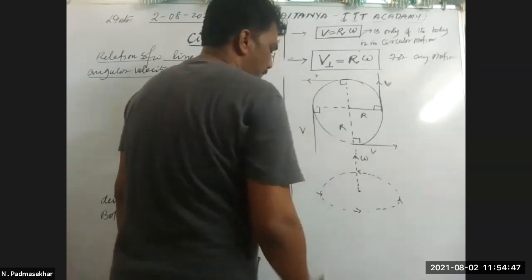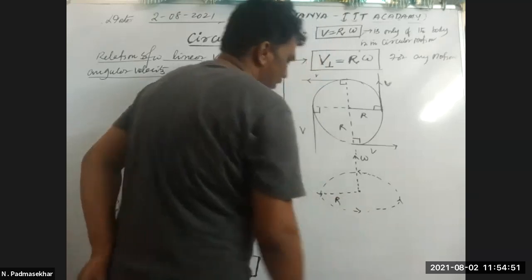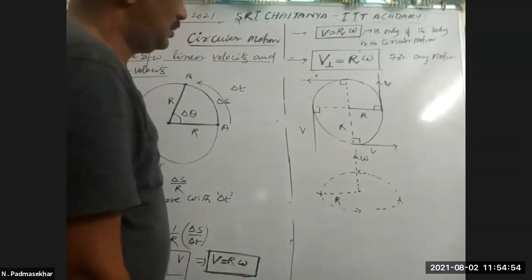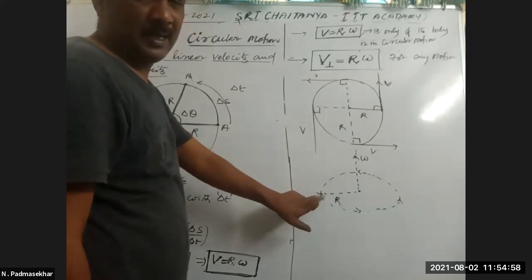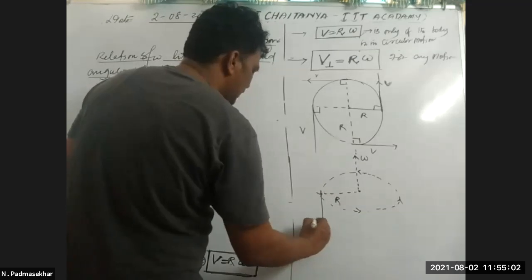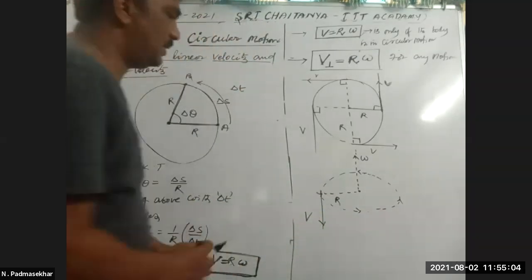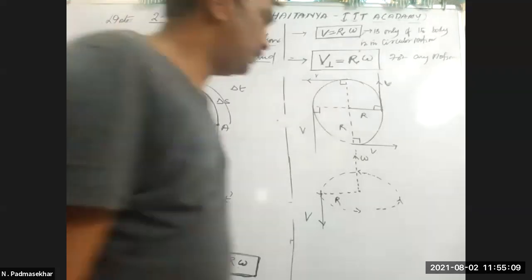And this is the radius R. What is the direction of the velocity here? How do we get this? Right hand thumb rule.